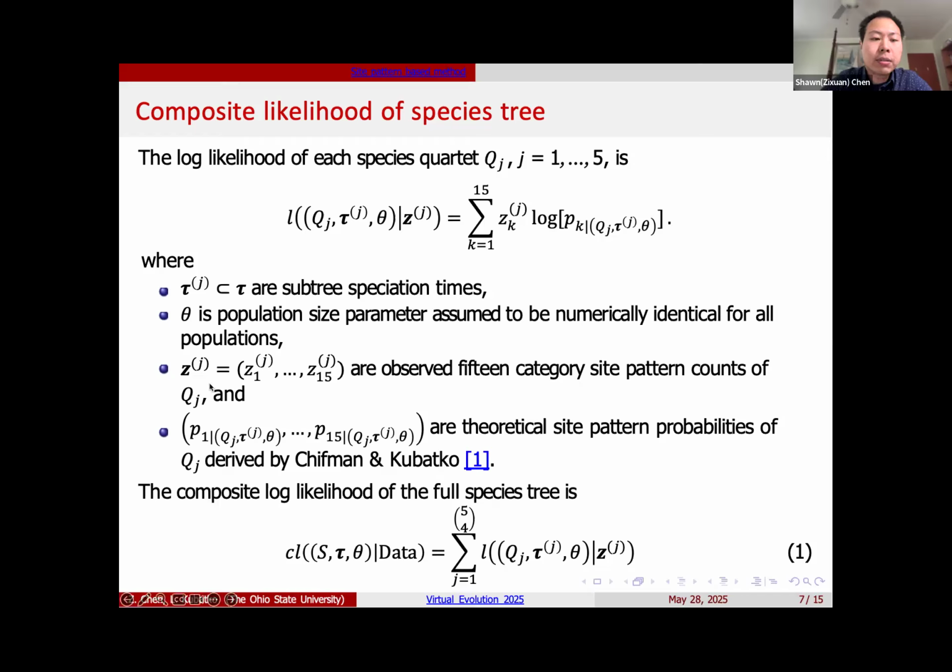So we let Z1 to Z15 denote the observed 15 category counts, and P1 to P15 denote the theoretical 15 category probabilities derived by Chifman and Kubatko. Then the quartet likelihood is basically a kernel of the 15 category multinomial distribution. And then the composite log likelihood of the 5 taxon tree is the summation of the quartet log likelihoods.